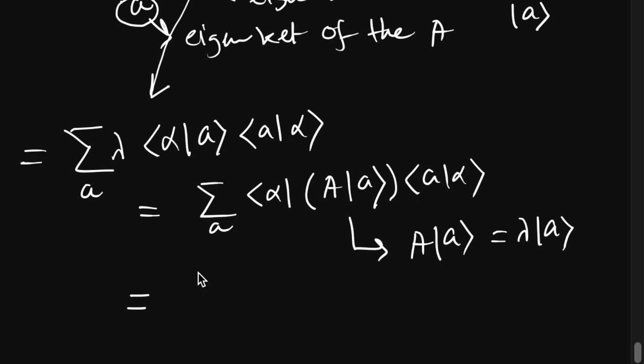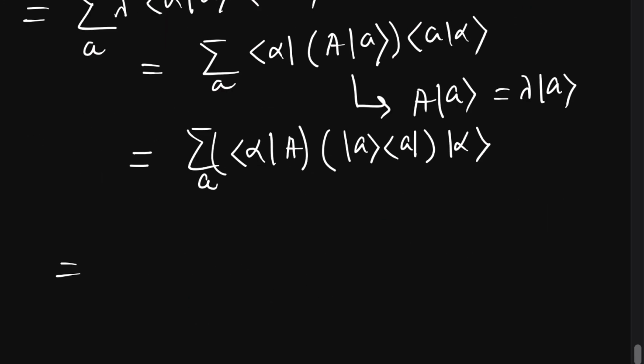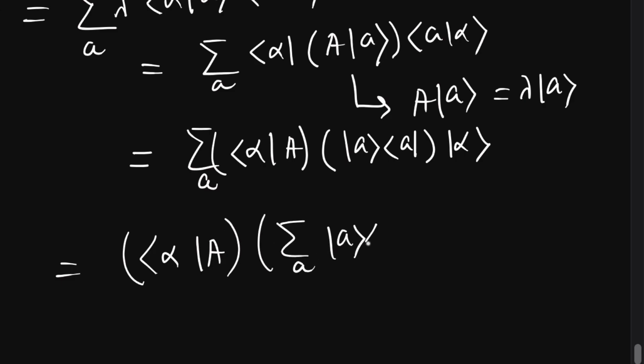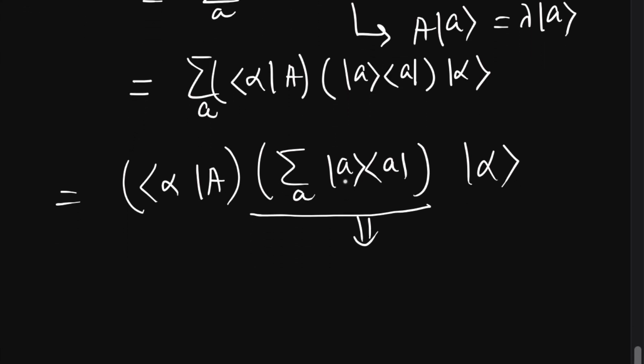That means the summation of <alpha|A|a><a|alpha> is equal to <alpha|A, the sum over a of |a><a|, |alpha>. This is nothing but the identity, since the |a> are the orthonormal eigenkets. Why are the |a> orthonormal eigenkets?